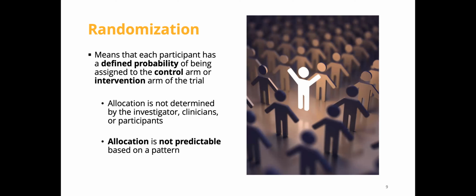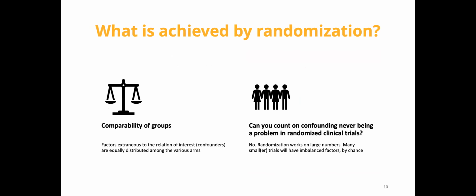Allocation is not predictable based on a particular pattern. It's random. So each individual in a study has a 50% chance of being in the intervention group or 50% chance of being in the control group. Essentially, you have to think of it as a coin toss. It's either heads or tails. That's the probability that a given individual is going to be in the intervention or the control group.